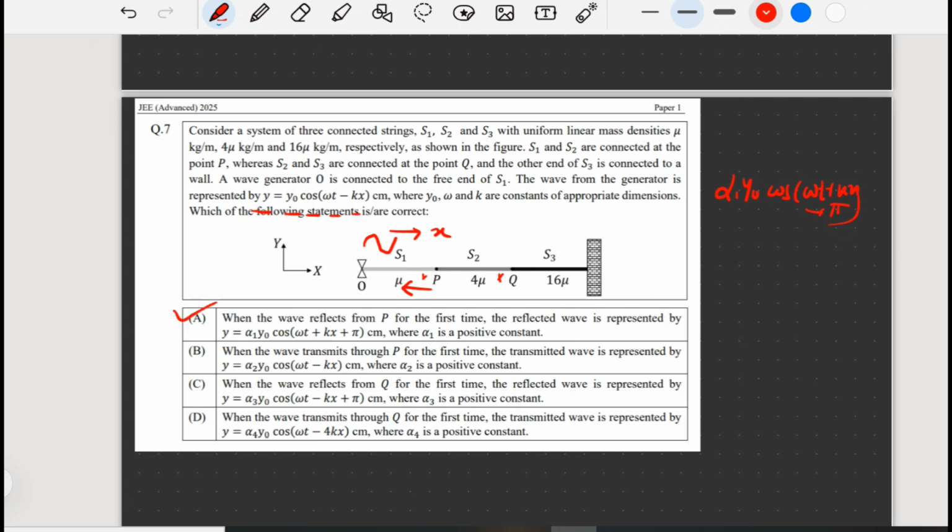When the wave transmits through P for the first time, the transmitted wave is represented by this one, cos(ωt − kx).